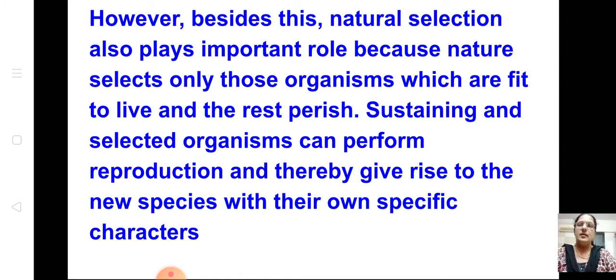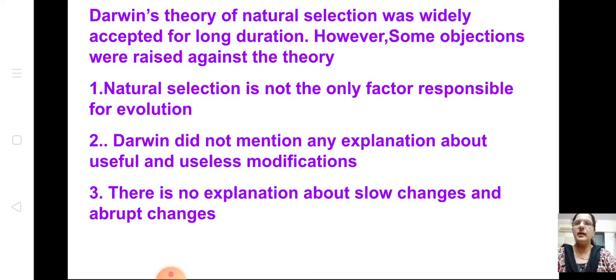So only those which are able to survive can perform reproduction, and thereby their species will grow in number. So what did he explain? Only the nature selects those organisms which are fit to live and the rest will perish. This was Darwin's theory.